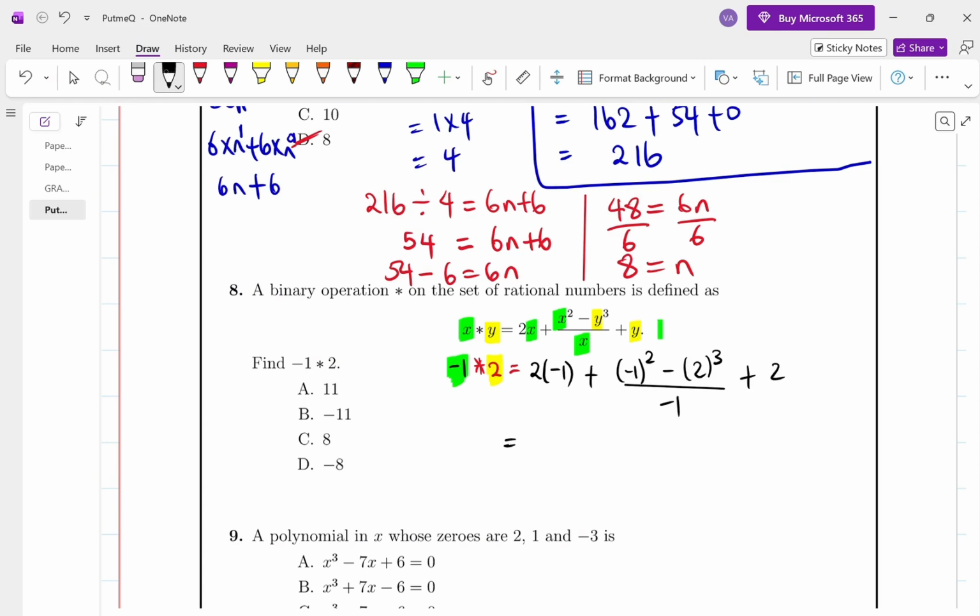So 2 times minus 1 is minus 2, plus minus 1 squared is 1, minus 2 cubed is 8, divided by minus 1, plus 2. Well, minus 2 plus 2 is 0. 1 minus 8 is minus 7, divided by minus 1. So this will give us 7. And there's no 7 in the options. So there's a misprint somewhere.